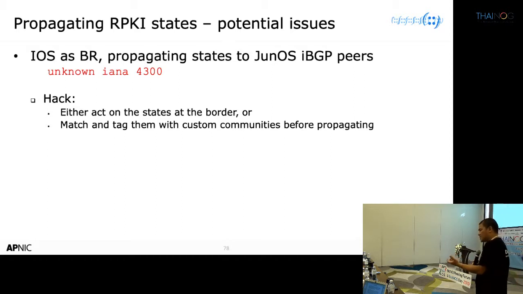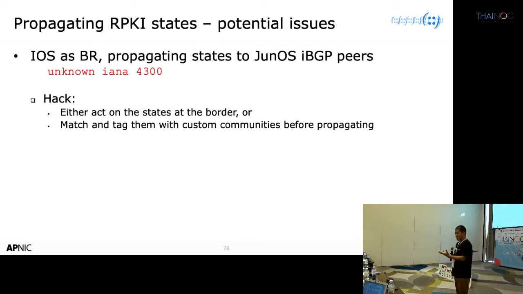The RFC says to use the last 8 bits, the last byte of the BGP extended community, to indicate your validation state. IOS seems to be tagging it correctly, but Juniper is interpreting it differently. It just says, I don't know this extended community.